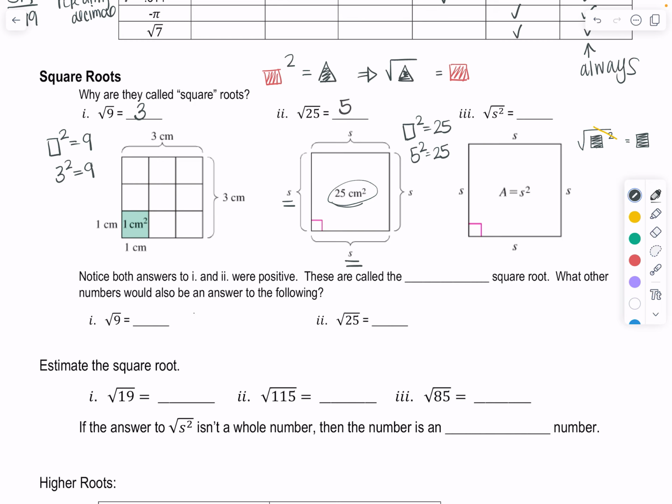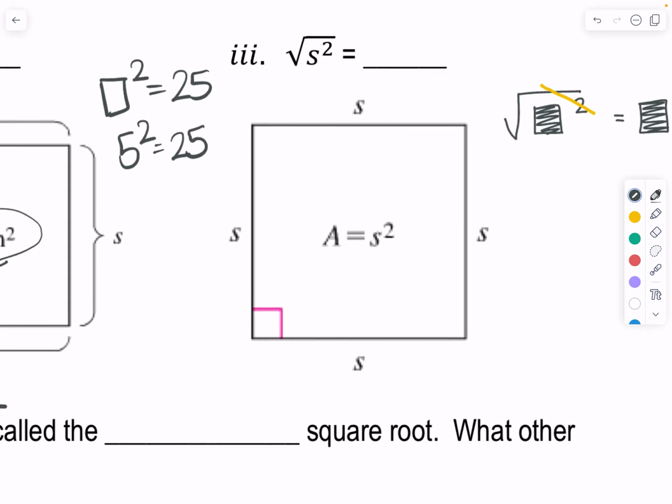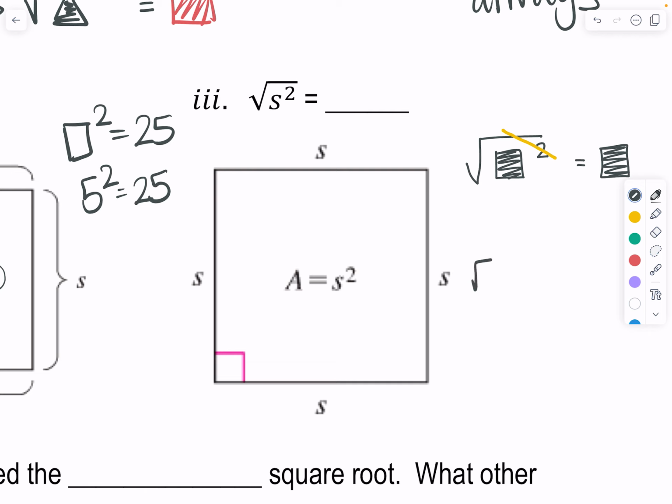And so in general, the square root of a number squared, like the square root of 8 squared, well, this 8 squared would be 64, sorry guys, the square root of 64, and then that would be 8.